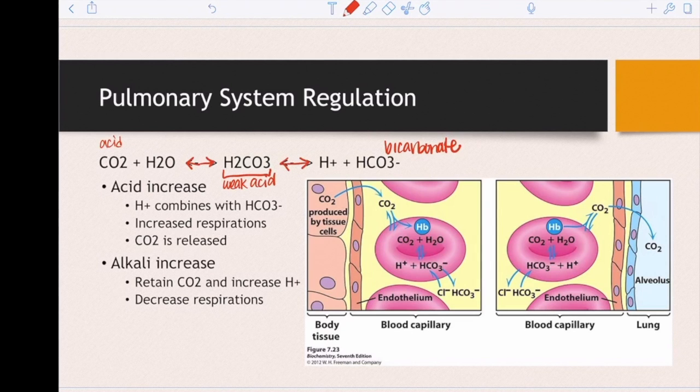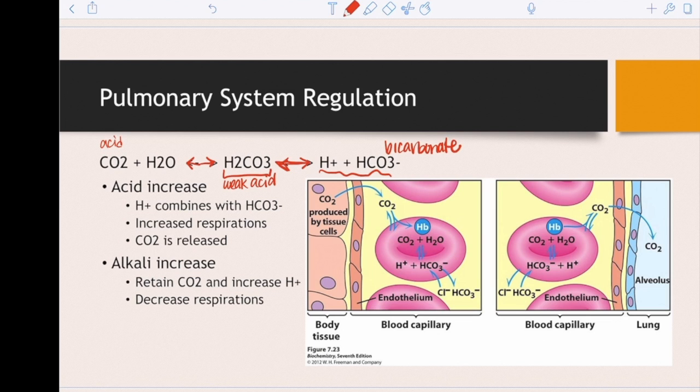So if you have an acid increase, if the system starts to contain too many protons and our pH goes down, then what's going to happen is we're going to go here and our protons are going to combine with bicarbonate. Those are going to create this weak acid.